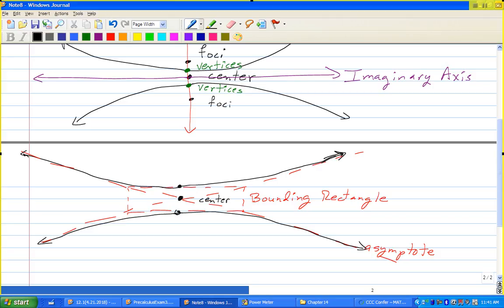Okay, so these are your vertices. And each of these is an asymptote. So you approach, but you don't touch or pass through the asymptotes. And of course you have some foci here.